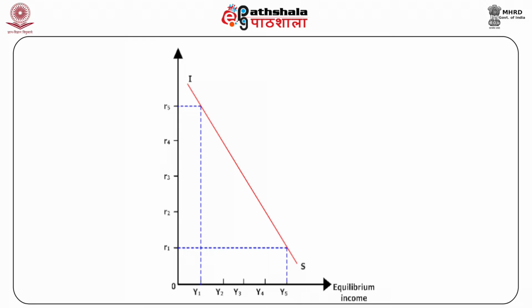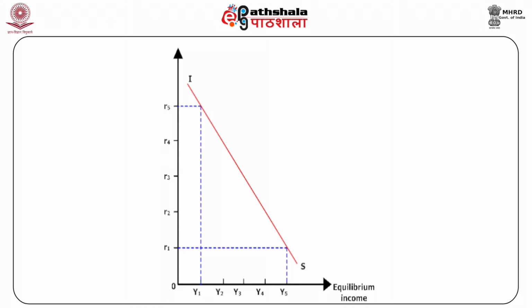Obviously, this has to be a low level of income, let us call it Y1. Therefore, we realize our mistake. Our mistake is that we chose R5 as the rate of interest, and instead of choosing S1 Y1 as the savings function, we have wrongly chosen S5 Y5, which is a high level of income.